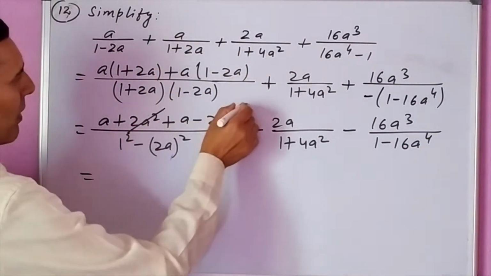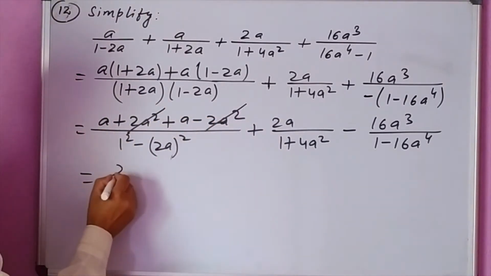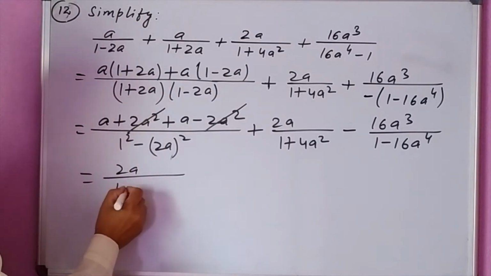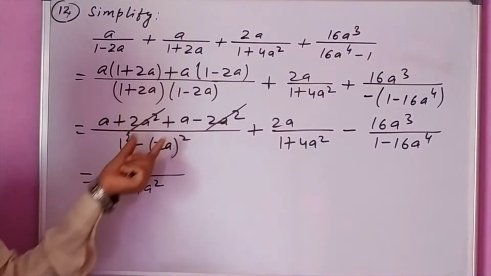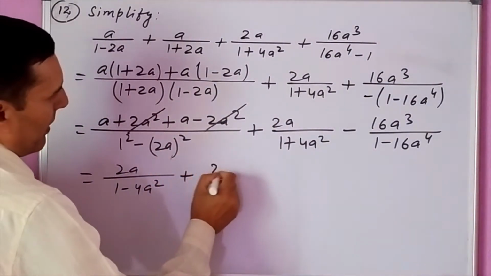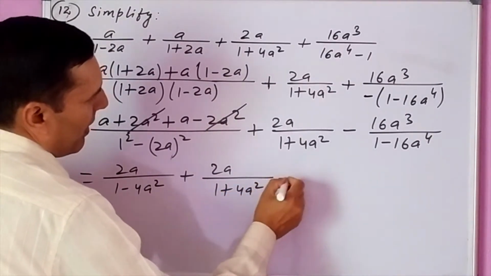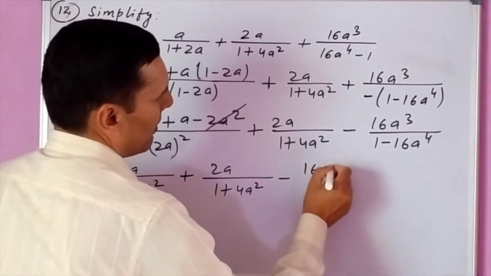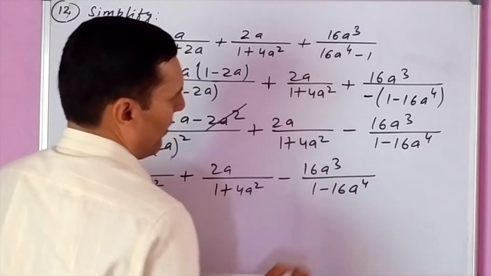This plus 2a square and minus 2a square cancel. So a plus a is 2a upon 1 minus 4a square, since the square of 2a is 4a square, a plus b, a minus b, a square minus b square. And it is 2a upon 1 plus 4a square minus 16a cube upon 1 minus 16a to the power 4.